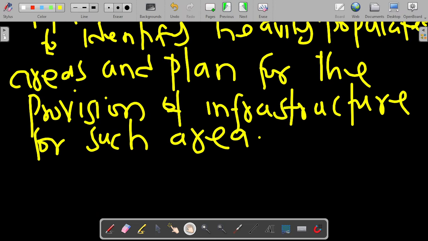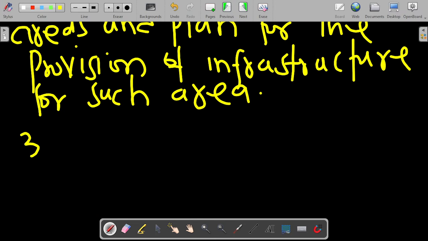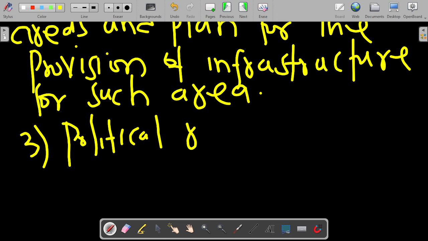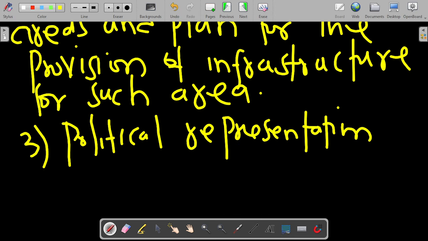Number three, we have political representation. The more your population, the more federal representation you have.